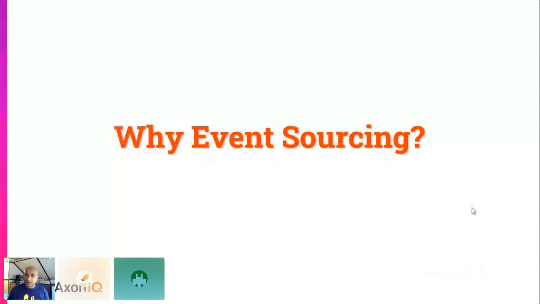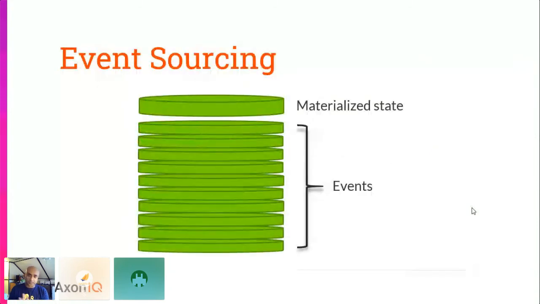Okay, so enabling event sourcing. Let's talk about event sourcing now. What is event sourcing? This is again a little bit of a scary thing, but actually it's fairly simple. Let's think about relational databases for a second. Let's talk about a table. When you're talking about a table, you're talking about the state of an entity.